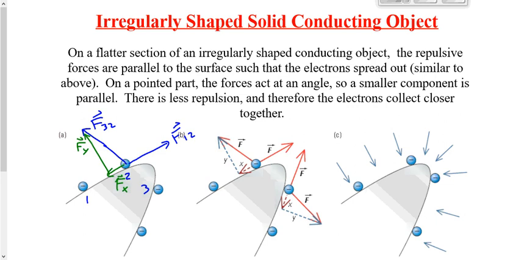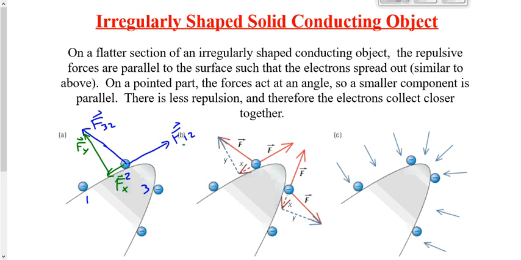Who wins? Who wins, F12 or Fx? Which one's bigger? F12. So this charge number 2 moves out towards the tip. Now, as it goes out towards the tip, F12 decreases as you get further away from charge number 1, right? It gets smaller. And at some point, F12 will be equal and opposite to Fx. They're going to balance each other.